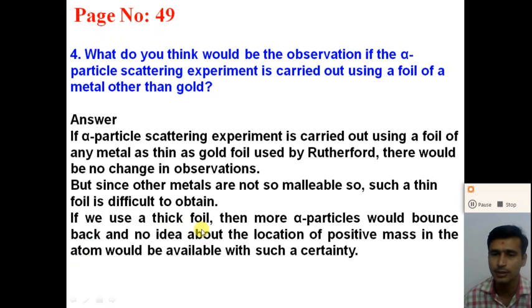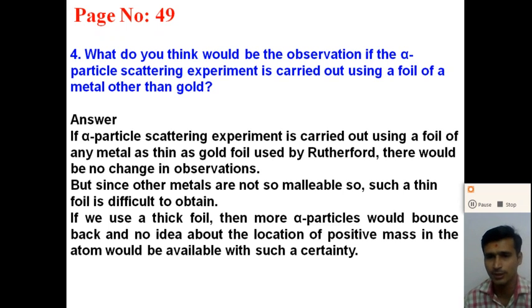If we use a thick foil of another metal, then more alpha particles would bounce back, and no idea about the location of the positive mass in the atom would be available. So the first reason is that other metals are not so malleable, so it is difficult to obtain a thin foil such as a gold foil.